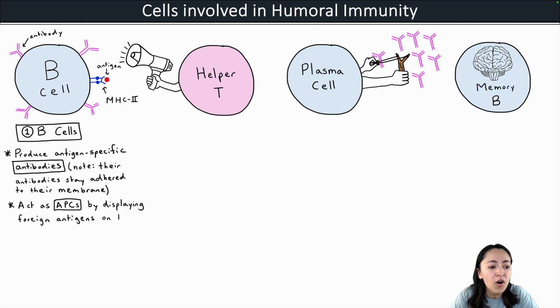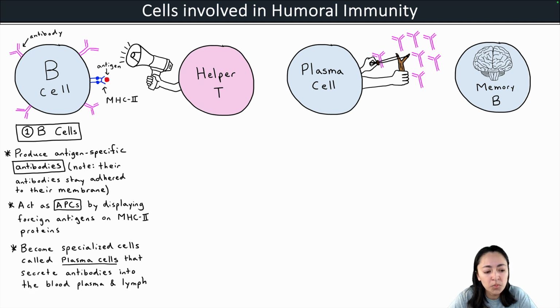B cells also act as antigen-presenting cells by displaying foreign antigens on their MHC2 proteins. So they also can phagocytize pathogens and then present those foreign proteins on their surface, just like macrophages do. Some B cells will become specialized cells called plasma cells, which I'll talk about in a second over here.